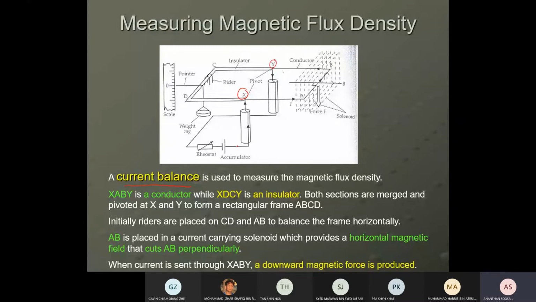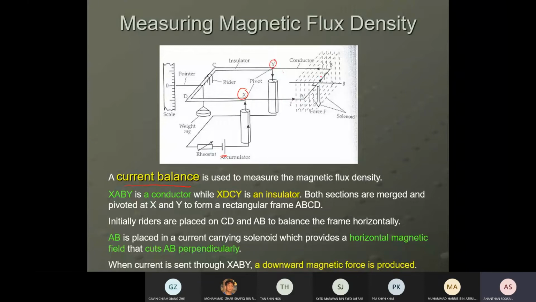First, we let the current flow. You see there is a battery here, an accumulator. The current flows past X, goes through the wire and reaches Y, and goes down to the circuit back. So the current is flowing in the wire, and no current flows in the insulator.